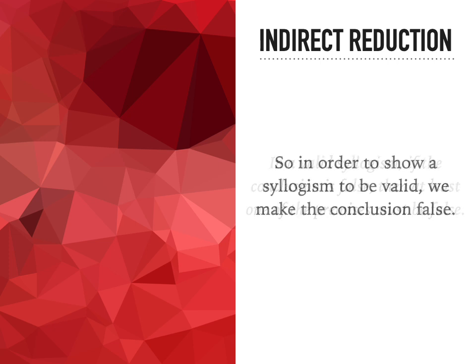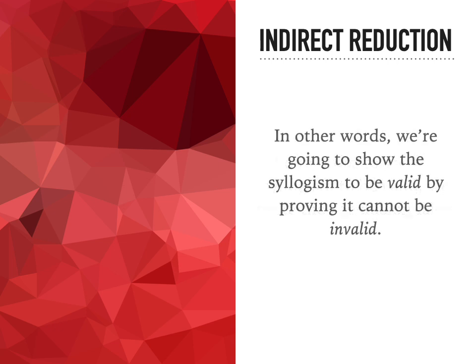So, in order to show that one of these syllogisms is valid, we're going to make the conclusion false. In other words, we're going to show the syllogism to be valid by proving it cannot be invalid.